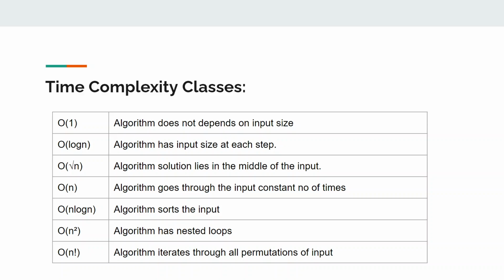If the algorithm goes through the input a constant number of times, then we have O of n. If the algorithm sorts the input, then n log n. If the algorithm has nested loops, n square. If the algorithm iterates through all the permutations of the input, then it's n factorial.